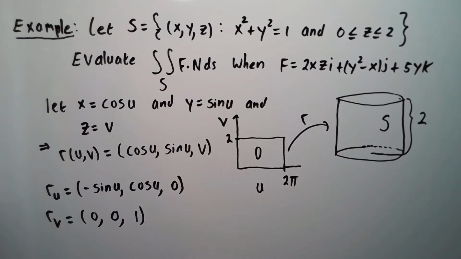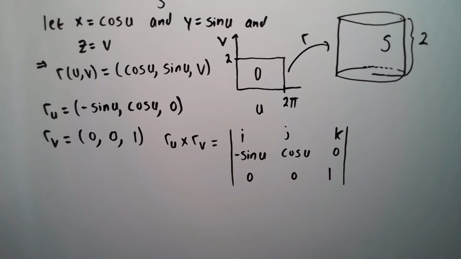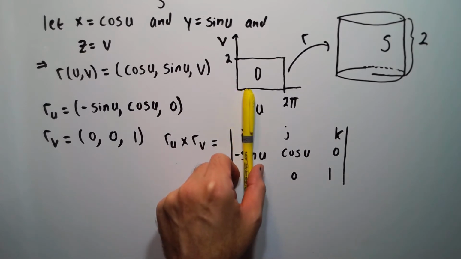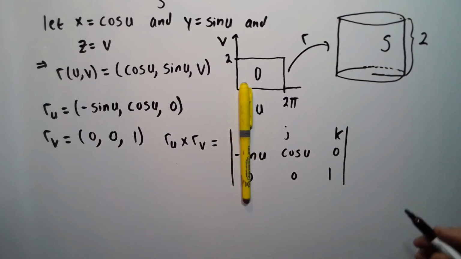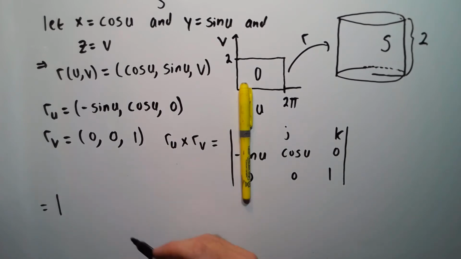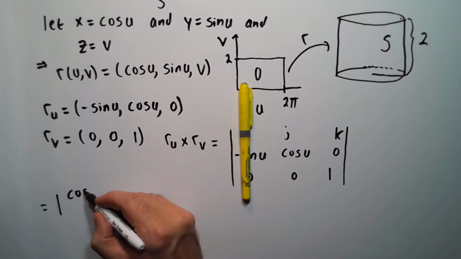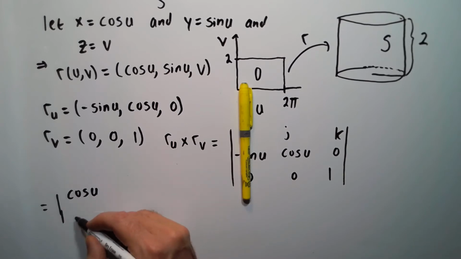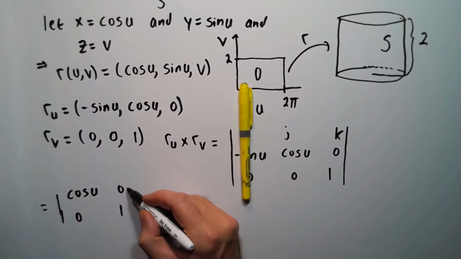Okay, so now let's do the cross product of r_u cross r_v. I've got my cross product set up here, with i, j, and k on top, and then r_u and r_v below. Let's do the i one first. It's going to be cosine u, 0, 0, 1.